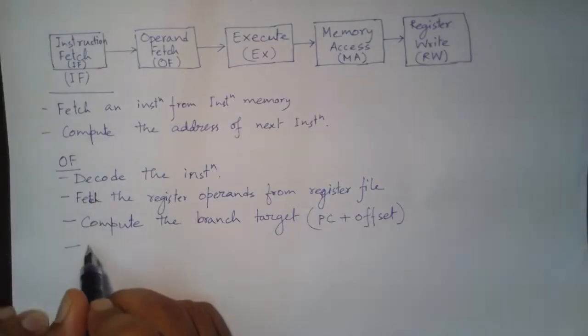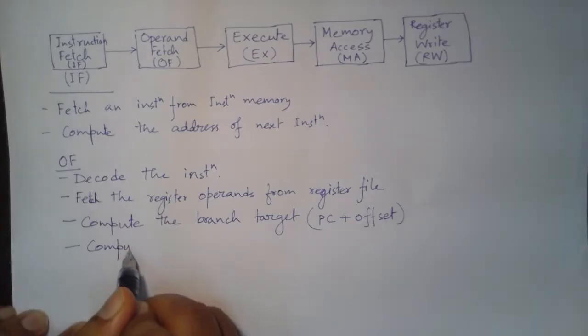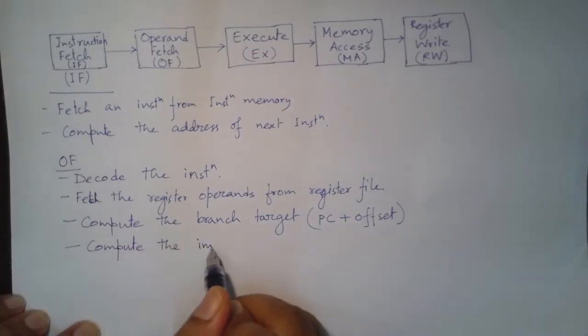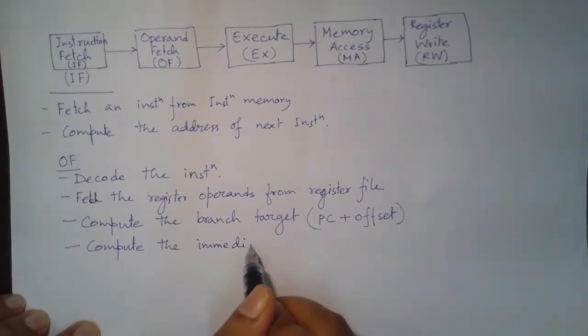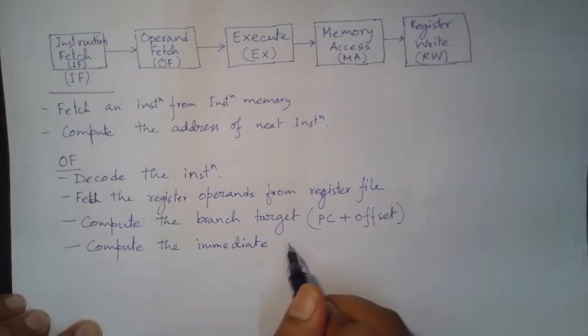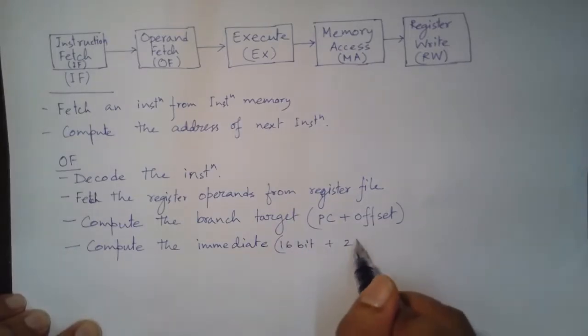So, you compute the immediate. What is the immediate? 16 bit plus 2-bit modifiers.